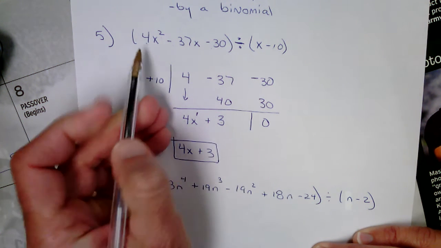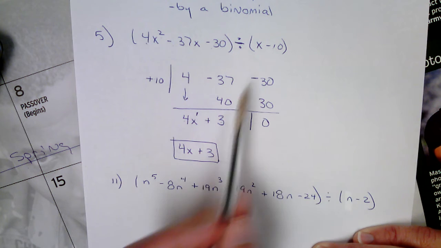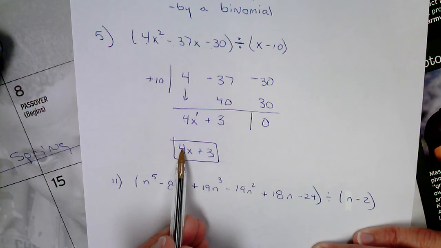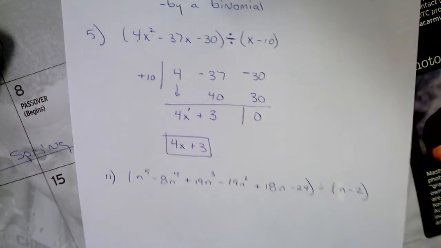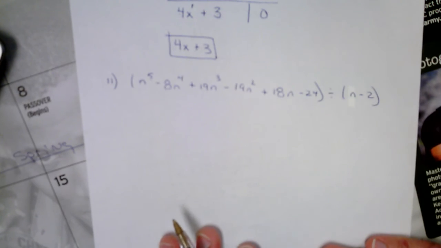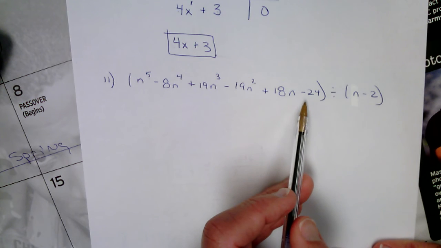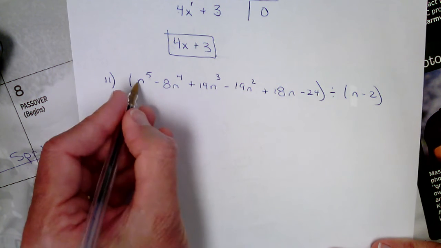So my final answer is 4x plus 3. So when you divide 4x squared minus 37x minus 30 by x minus 10, the result is 4x plus 3. We're going to do a little bit longer one down here. This one's got the 6 terms, so you do it exactly the same way. We're going to put down all the coefficients.